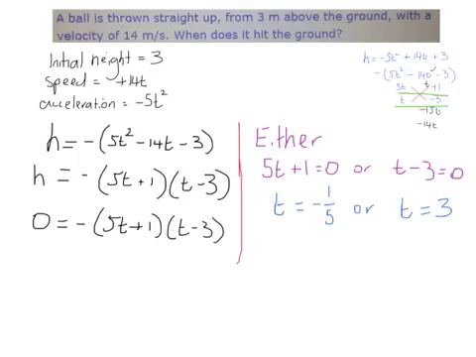So what these are telling us is that either the ball was on the ground 1/5 second before I threw the ball, or 3 seconds after I threw the ball. Since this result doesn't really exist in real life, there was no time 1/5 second before I threw the ball in my example, the only one we need to worry about is this one. It hit the ground 3 seconds after I threw the ball.